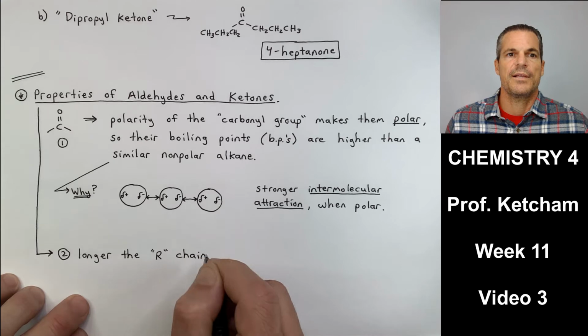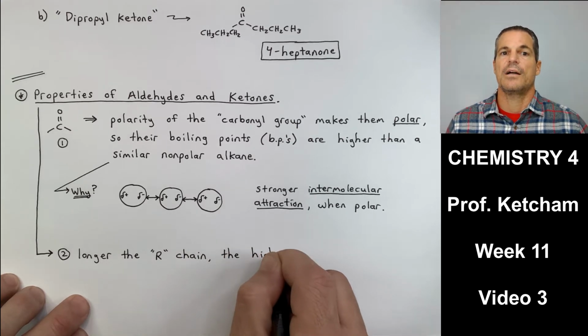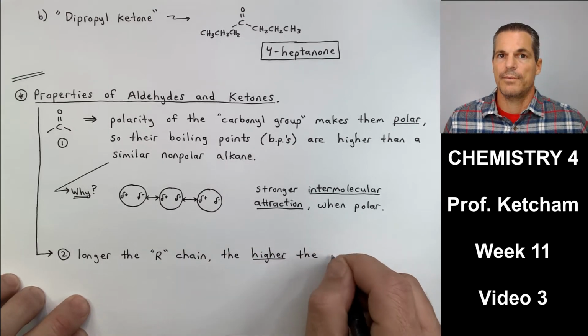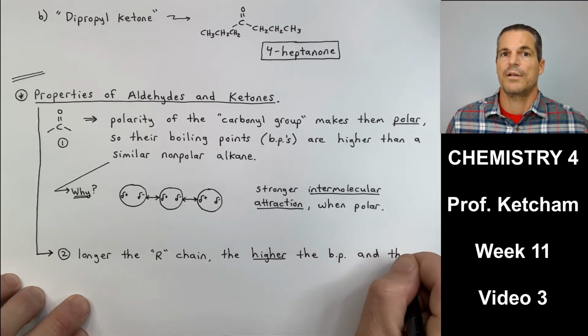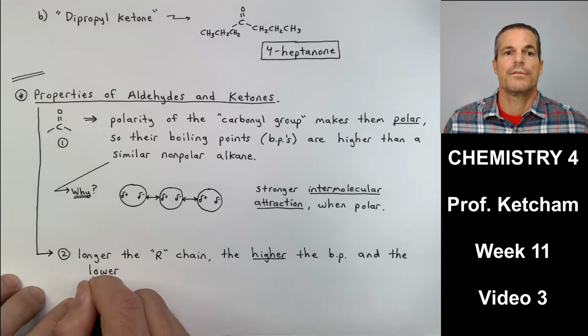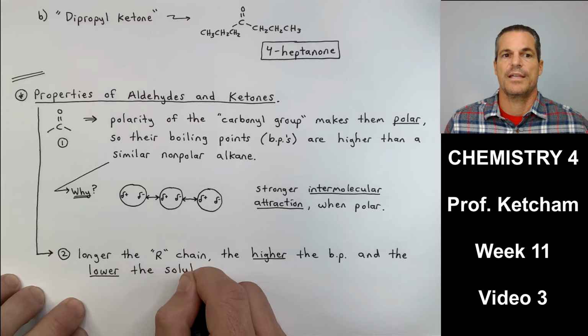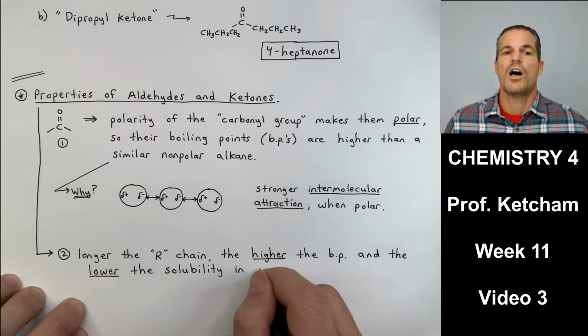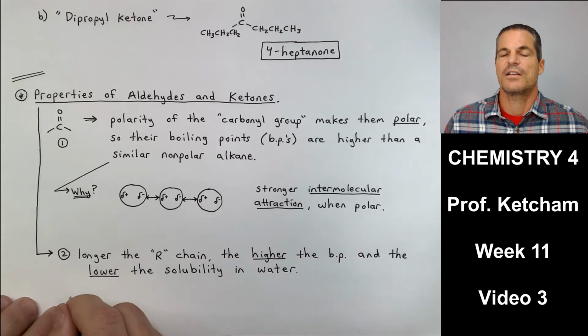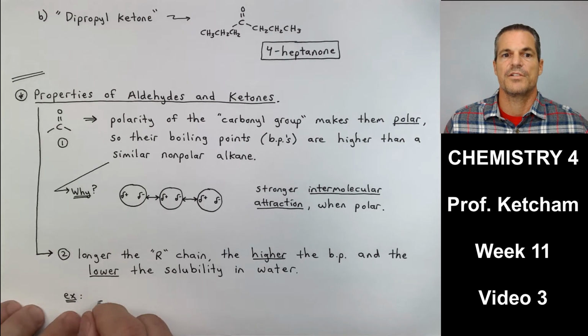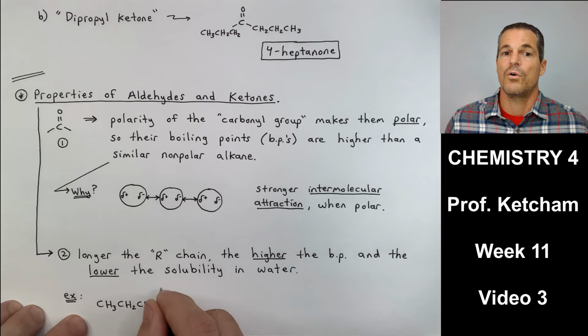So the first property is that the polarity makes aldehydes and ketones higher boiling points than their corresponding alkanes. Number 2, the longer the R chain, that's the carbon-carbon chain, so if you have a bunch of CCs and CHs, this is going to make it nonpolar overall.